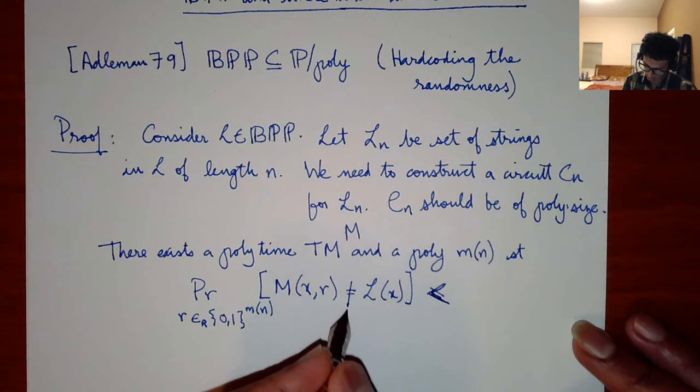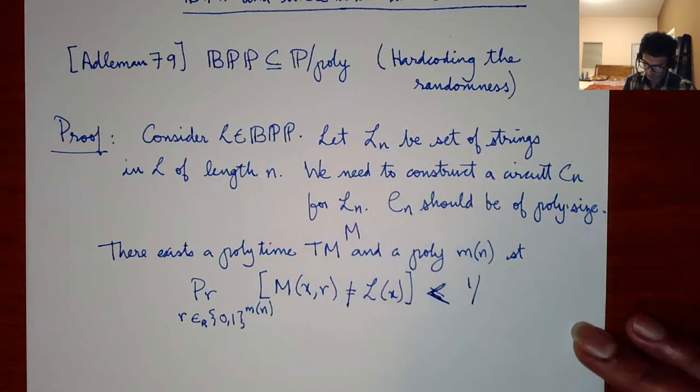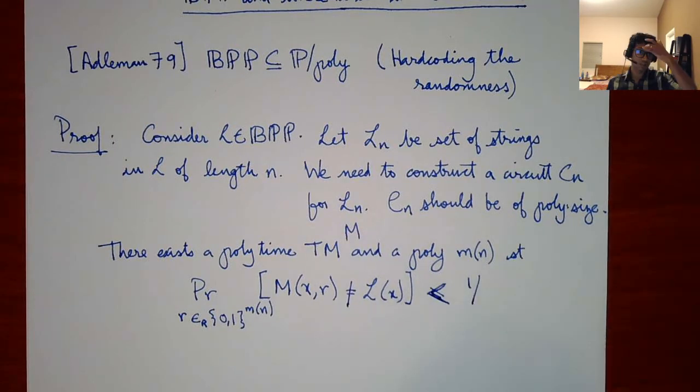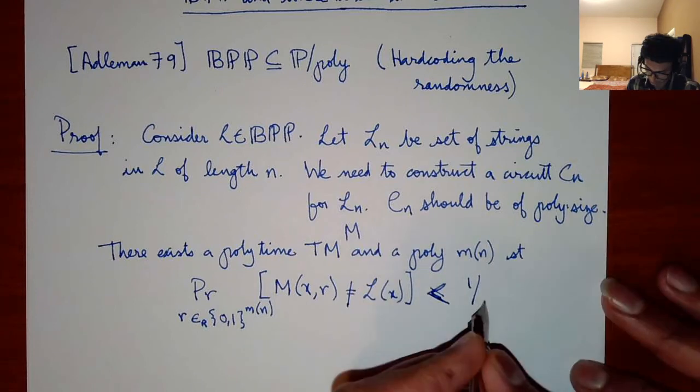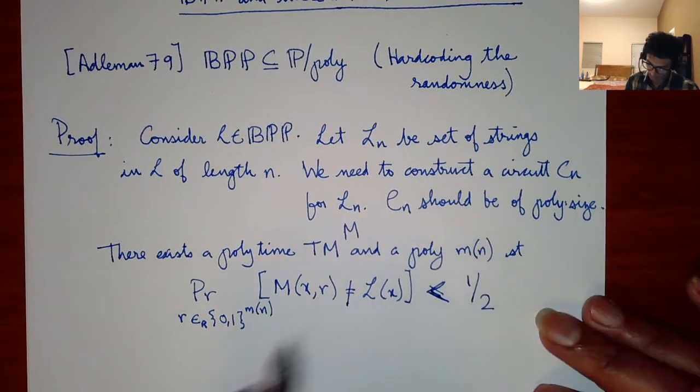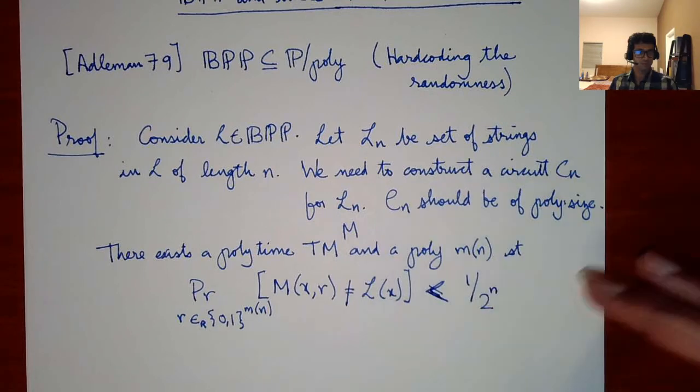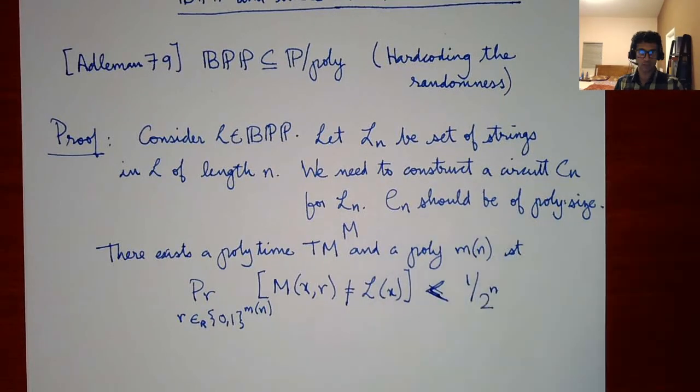I can make this as small as I want, exponentially small. So I'm going to make it as small as 1 over 2^n, which I can do.